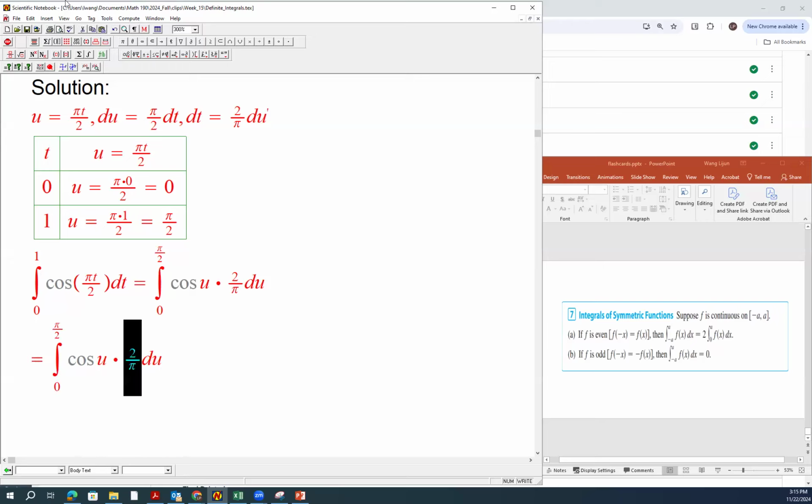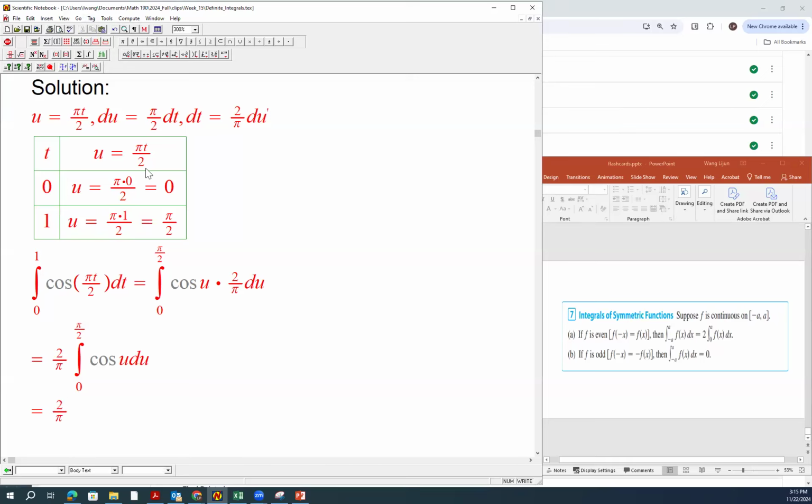Okay, 2 over pi is a constant. We can move it outside. Then cosine u du, and the antiderivative of cosine u is sine u.